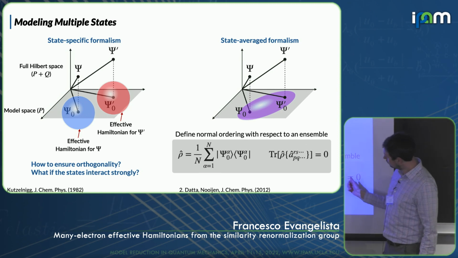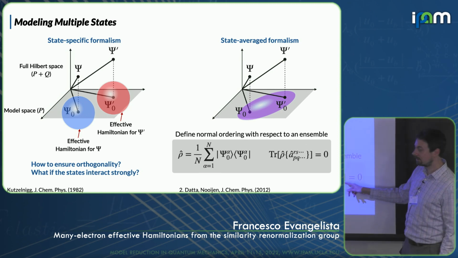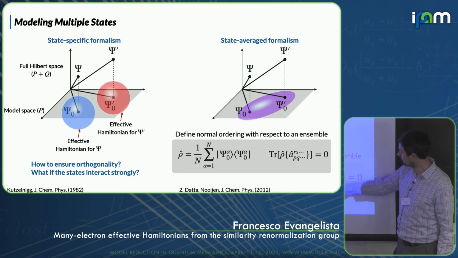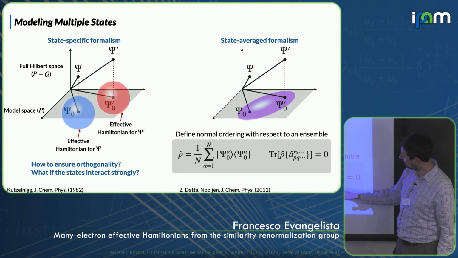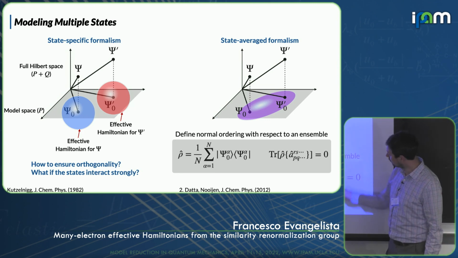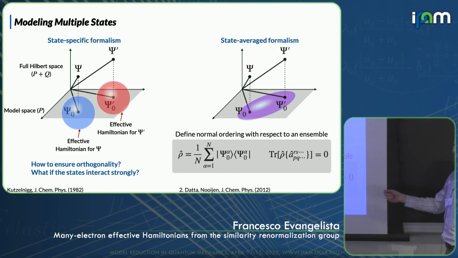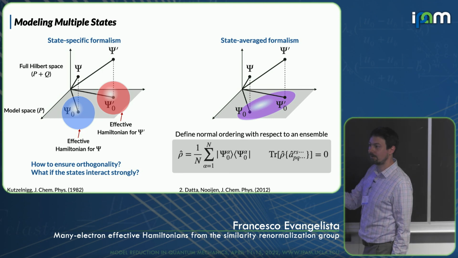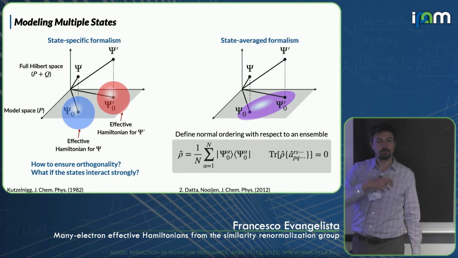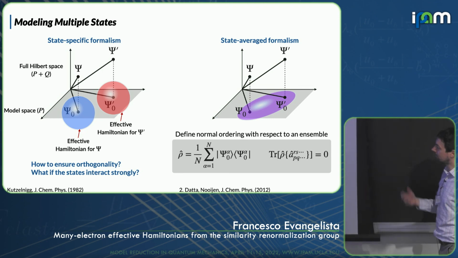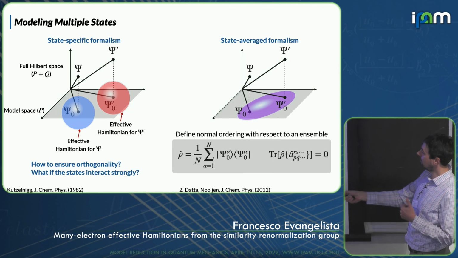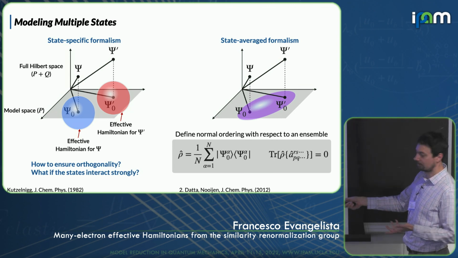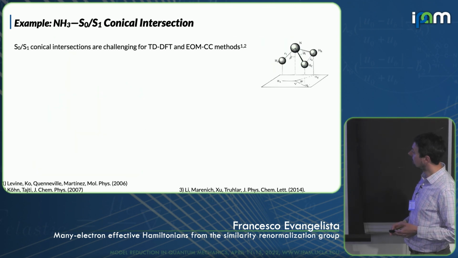And then there's a way to generalize the normal ordering to a density matrix, where you define the normal ordering as the trace of rho and the operator equals 0. What's nice about this formalism is that the only thing that changes practically in the equations is that you no longer have cumulants and density matrices about states A and B, but you have the cumulants of this ensemble.